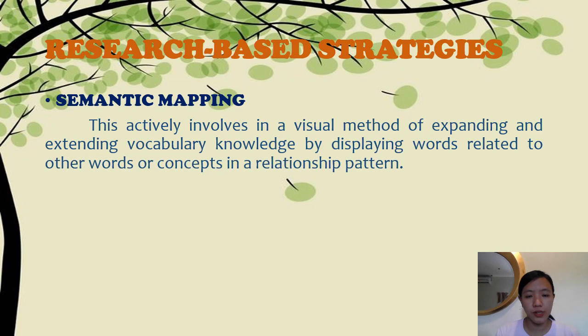Here are the research-based strategies. The first one is semantic mapping. This actively involves a visual method of expanding and extending vocabulary knowledge by displaying words related to other words or concepts in relationship patterns.